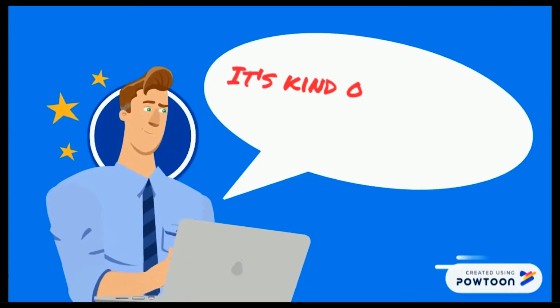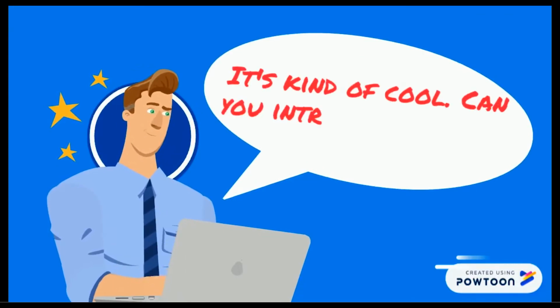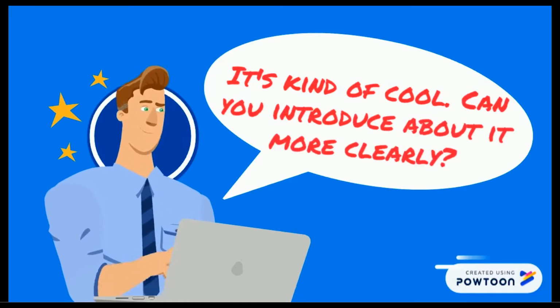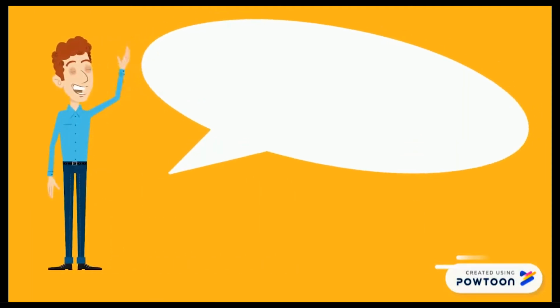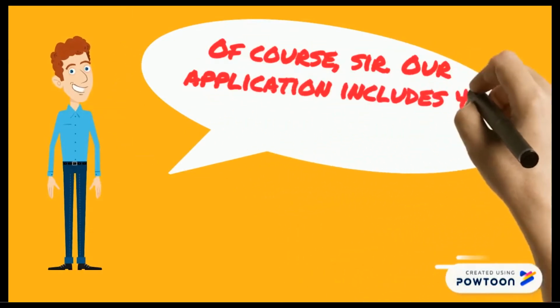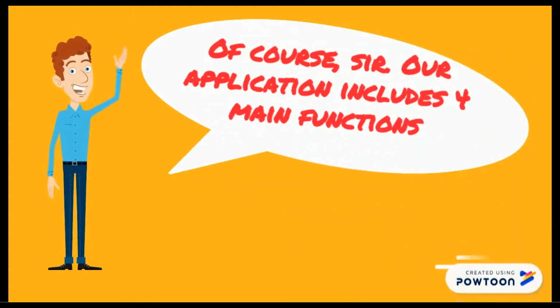The chairman in this case thinks this is a good application, and he wants the seller to introduce this application more clearly. The seller told him that this application has four main functions which can be used in money management.